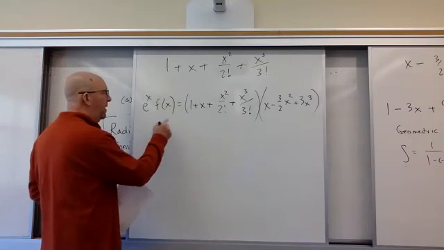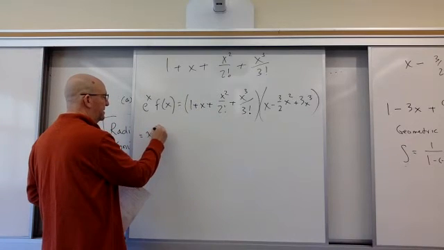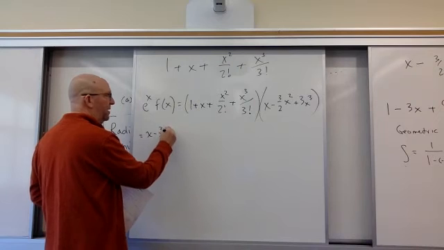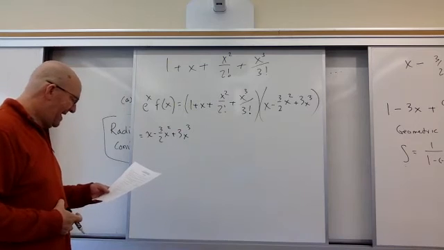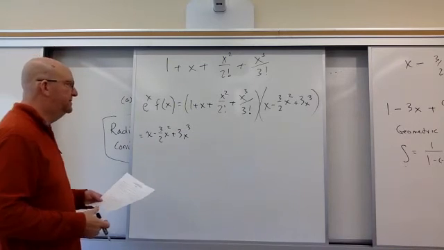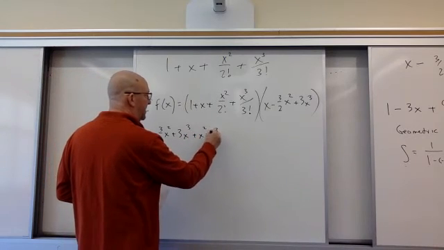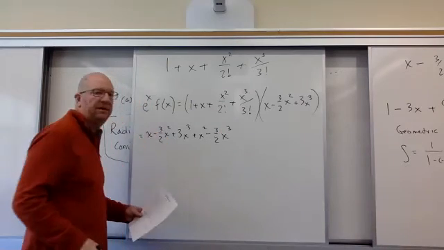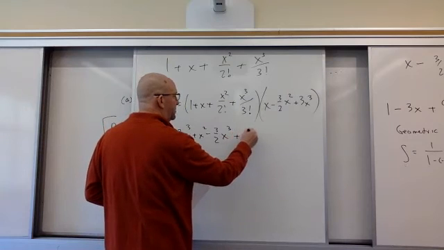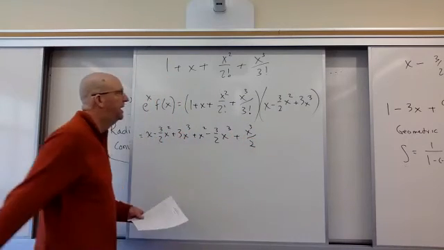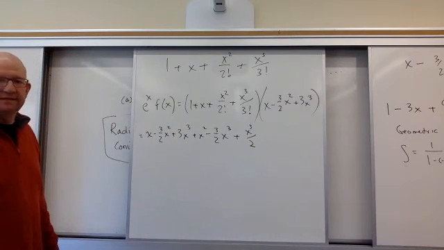So here we go. 1 times all those: x minus 3 halves x squared plus 3x cubed. x times those until I get to a cube: plus x squared minus 3 halves x cubed. Stop. x squared over 2 factorial times all of those until I get to an x cubed. Done. And then x cubed times that? No, because it's going to be x to the 4th.